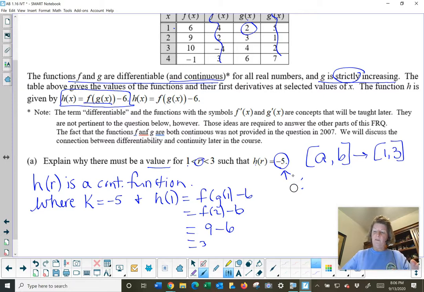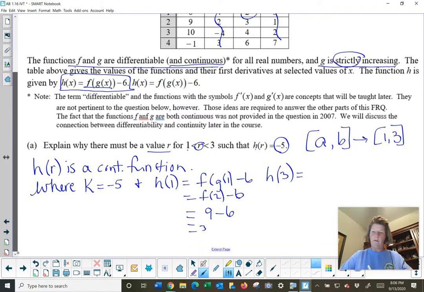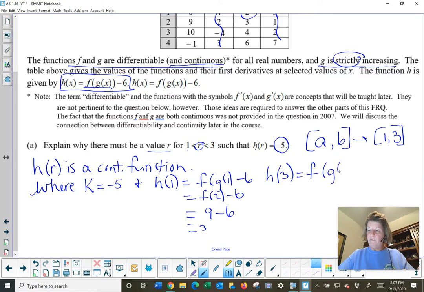Now let's also find our other y value, h of 3. H of 3 will be equal to F of G of 3 minus 6.